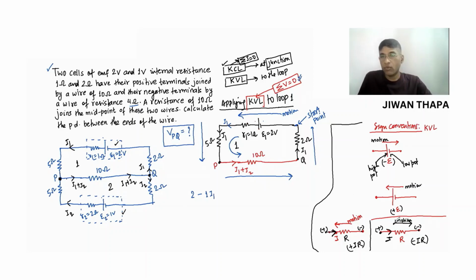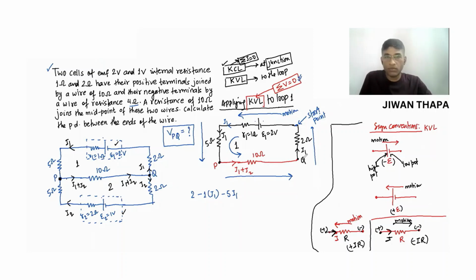If we move along the direction of current and find the product I times R, then it is taken as negative. Similarly, 1 times I1, and we are moving along I1, and if we find the product 5 times I1, then this is taken as negative.